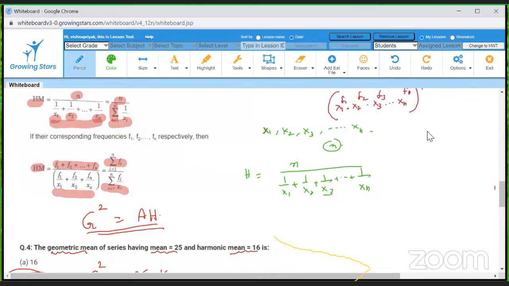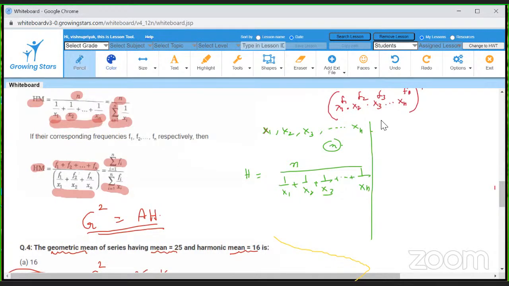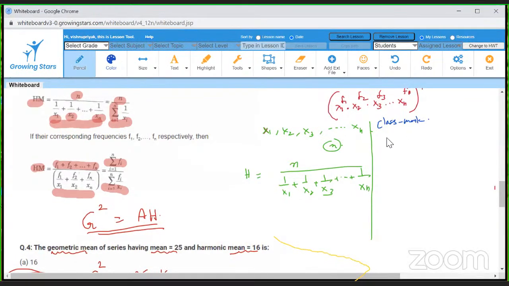But suppose you have a frequency distribution table, where frequency is also given. You have class marks, not observations, x1, x2, x3 up to xn, and frequencies f1, f2, f3 up to fn.